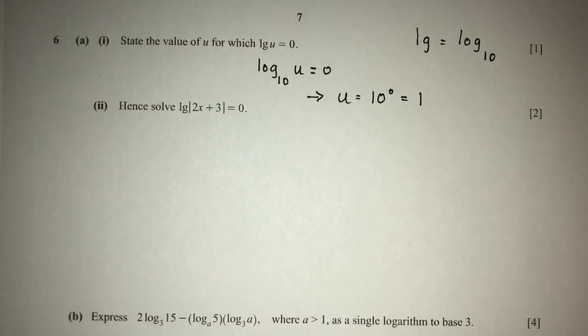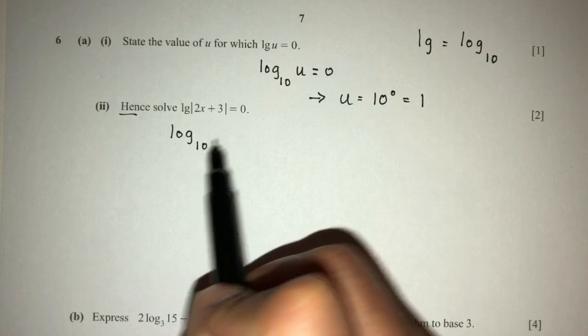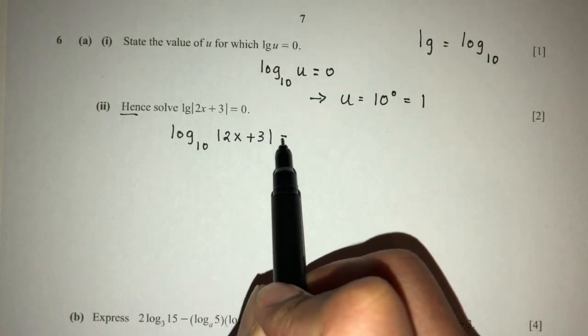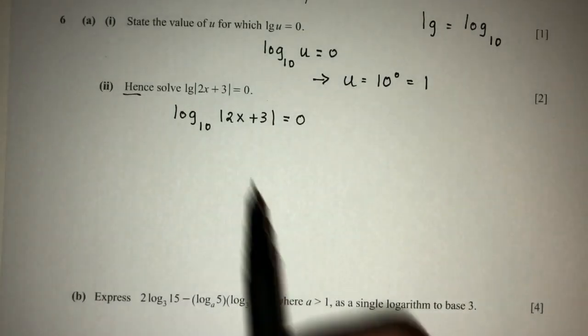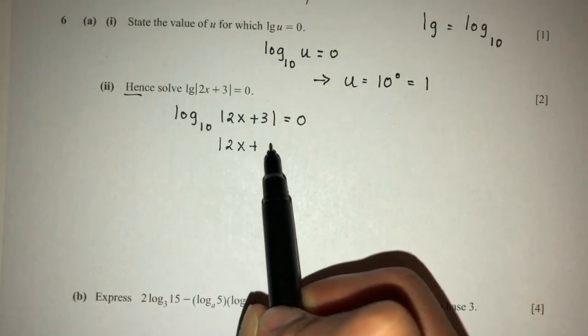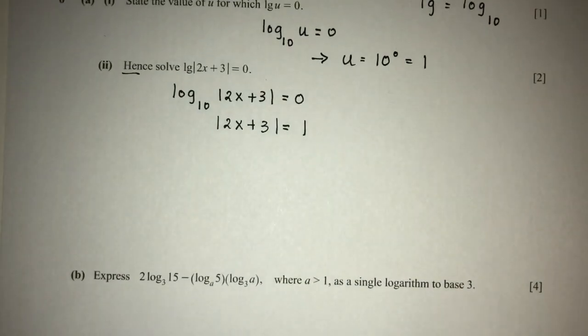Now for part 2, hence, we have to solve this equation. Hence means we have to use that value. So we have log base 10 of the modulus of (2x plus 3) equal to 0. So now we know that, if you send this here, it will become modulus of 2x plus 3 equal to 1. Now we can solve this. There are 2 ways to solve this. We can square both sides and solve.